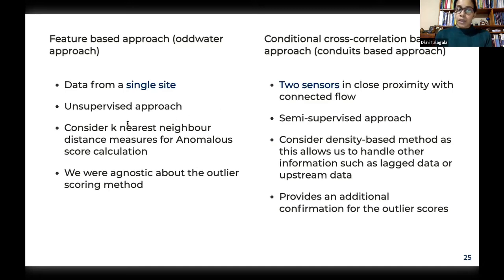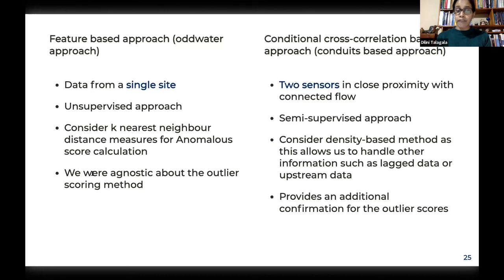Another thing is that in our feature-based approach, we calculate the anomalous scores based on distance-based measures. In our proposed new algorithm, we calculate the anomalous scores based on density. Another limitation of our previously proposed algorithm is that, even though it's unsupervised, we were agnostic about the outlier scoring method.